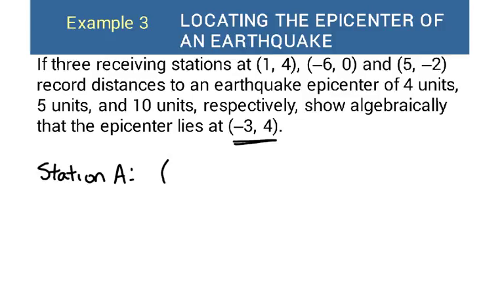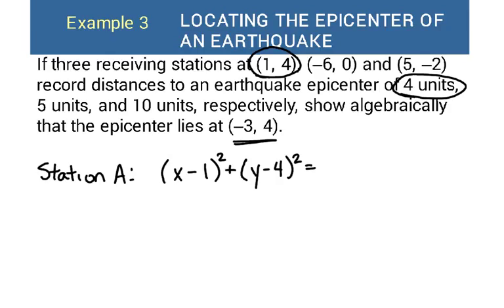So it's (x - 1) squared, because we're using this one right here, plus (y - 4) squared equals, using this right here, 4 units.